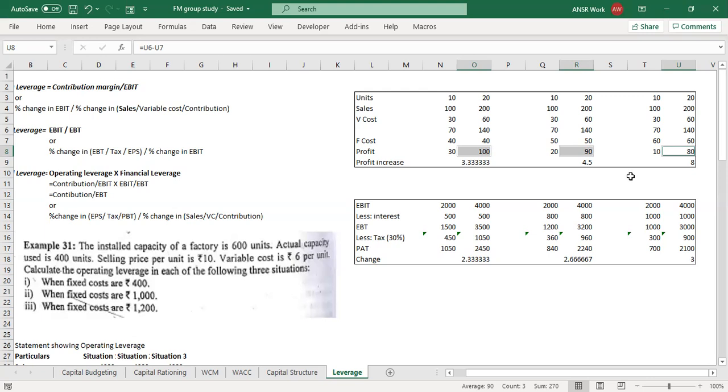Since the first option has a higher margin or higher profit, the ratio is where there is a difference, right? Our denominator is decreasing, exactly.